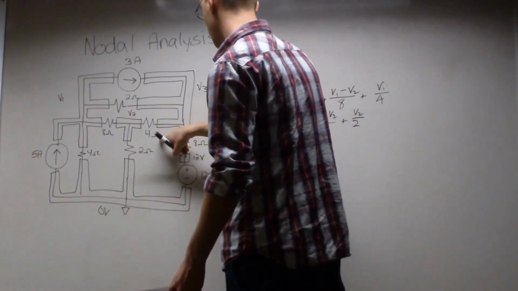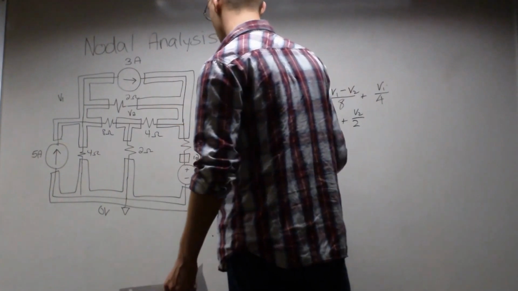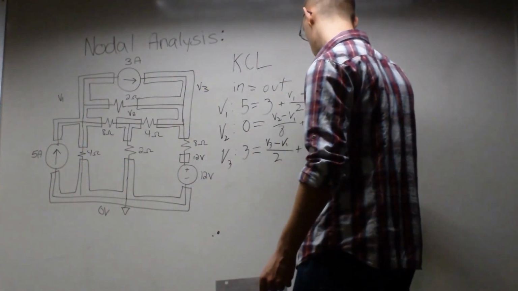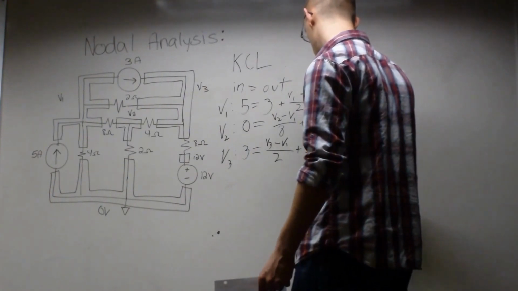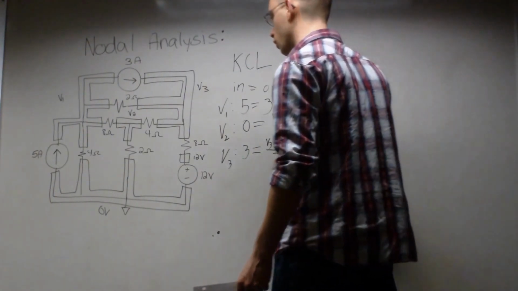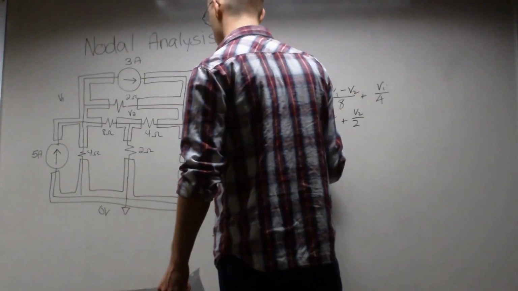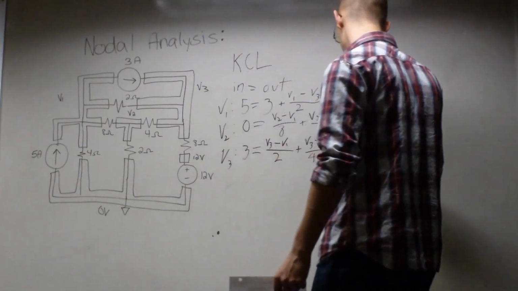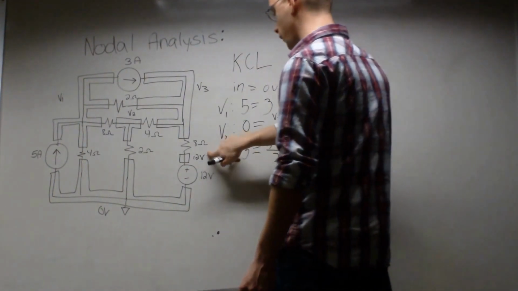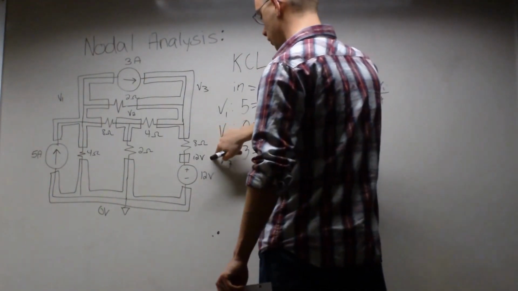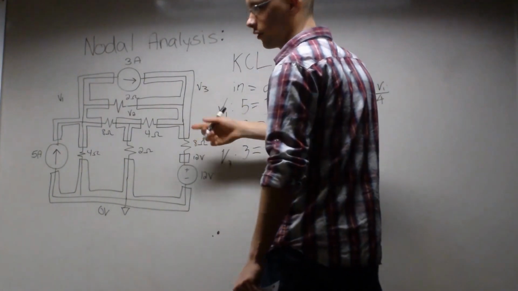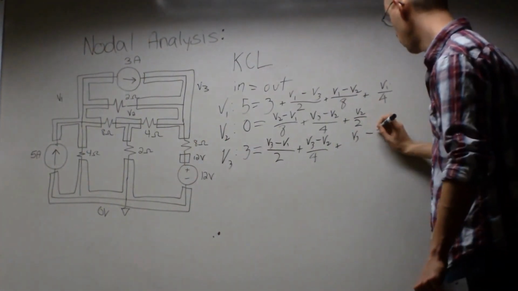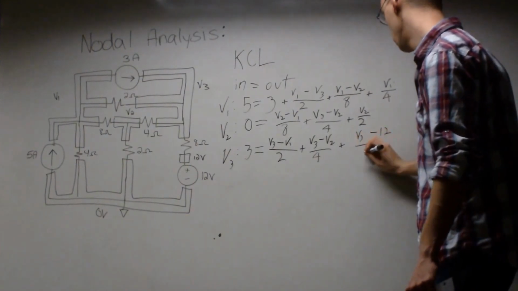And then down here, we have V3 minus V2 over 4. Plus, and then we have down here V3. And because we know the value of that node, we don't need to express it as an unknown quantity. So you just write V3 minus 12 over 8 ohms.